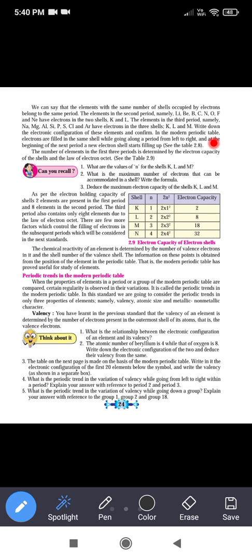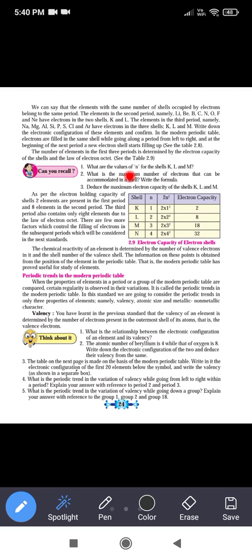In the modern periodic table, electrons are filled in the same shells while going along a period from left to right, and at the beginning of the next period, a new shell starts filling up. The number of elements in the first three periods is determined by the electron capacity of the shell and the law of electron octet.